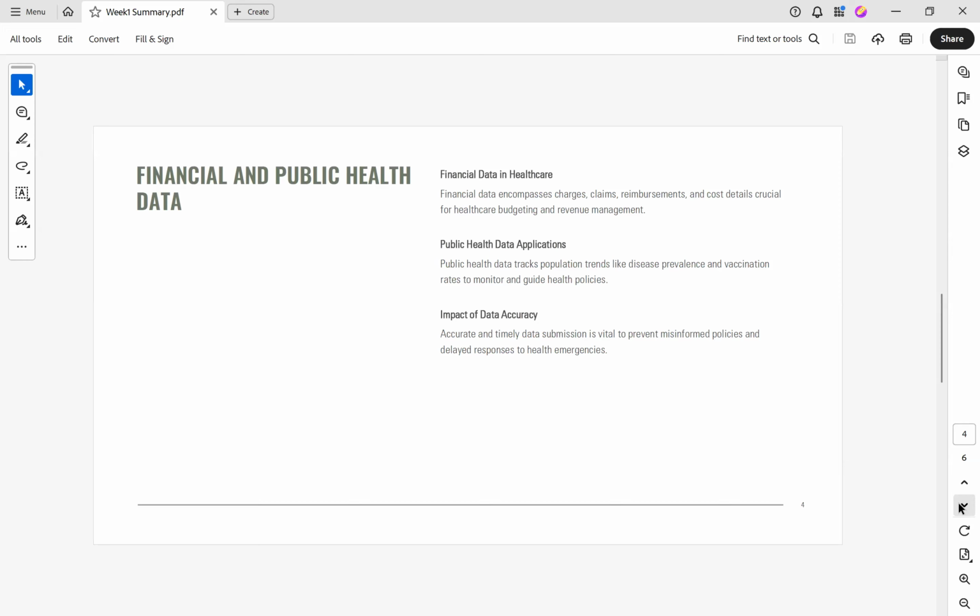We think back, I know it seems like forever ago, to the COVID pandemic, but the accuracy of data at a national level, at a state and a local level, really set the context of decisions that had to be made and what people should do. And of course, it changed over the months and years that we were in this pandemic.